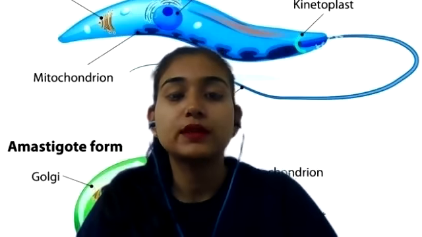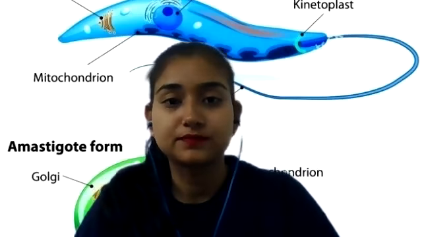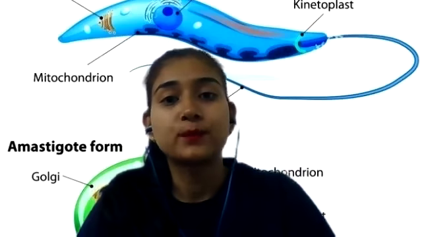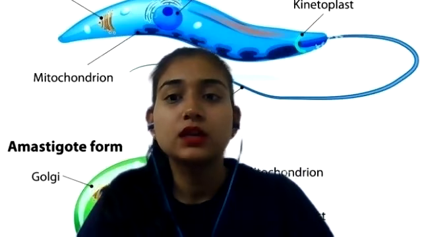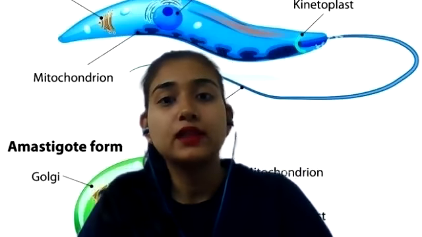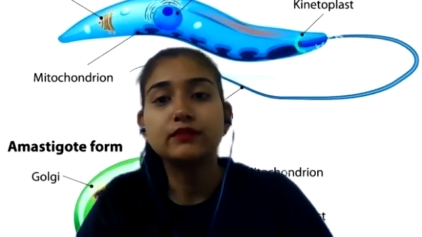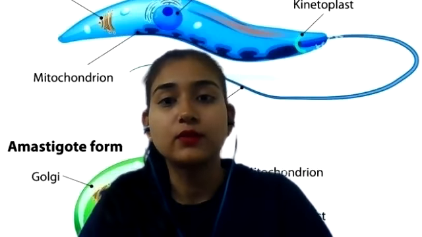So my topic today is morphology of Leishmania. Firstly, size and shape. Leishmania occurs in two forms, namely amastigote and promastigote. These two forms alternate between a vertebrate and an invertebrate host.